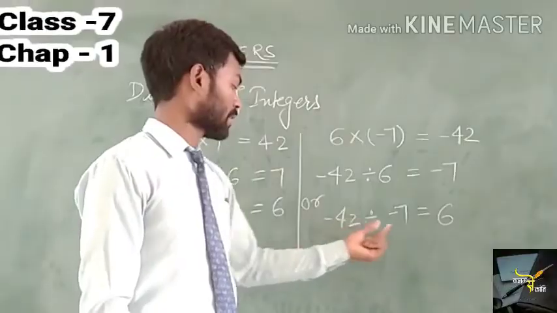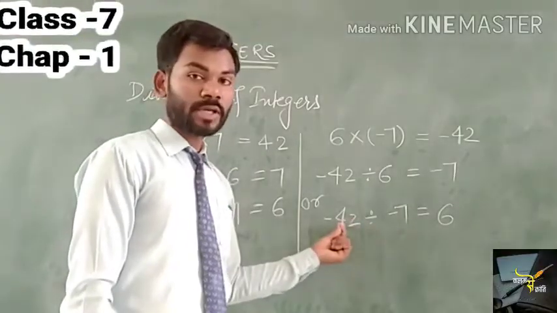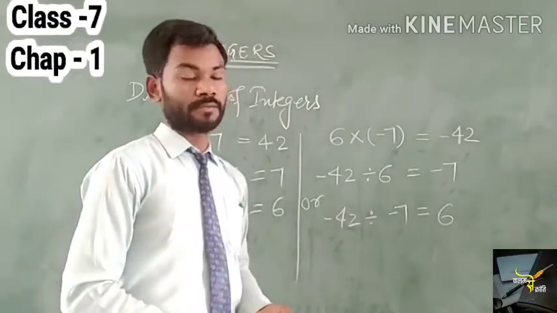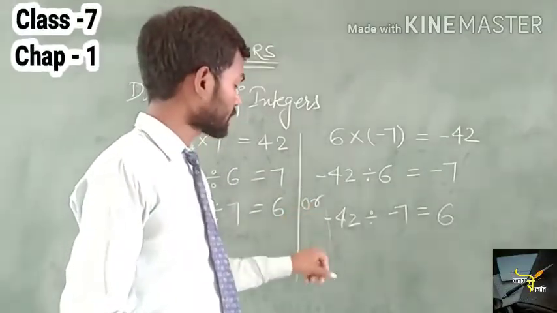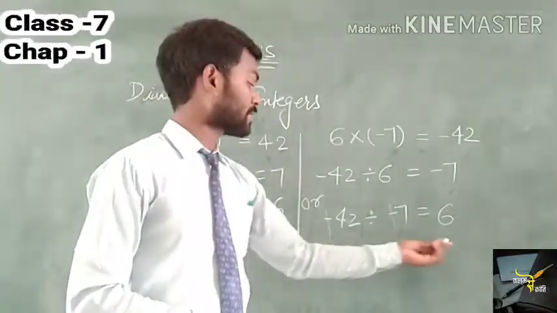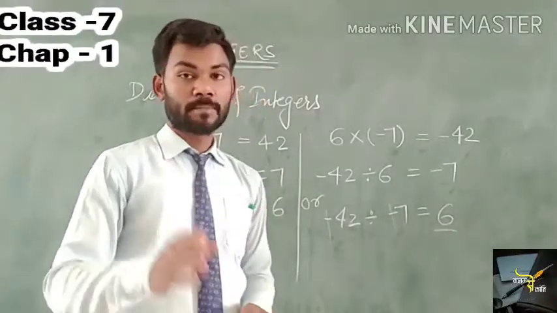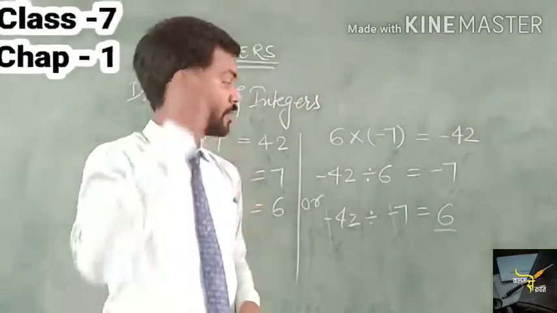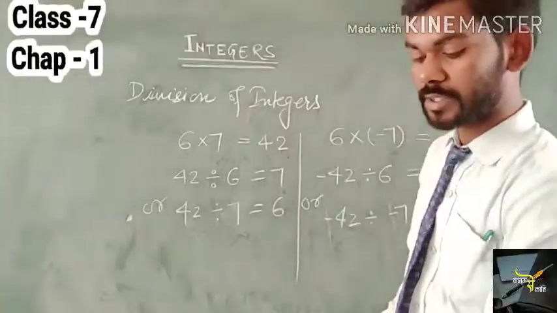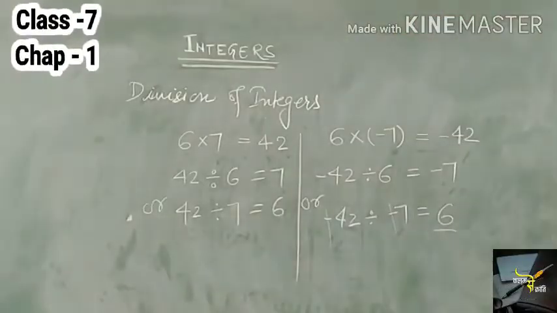But here we can see that both integers, that is minus 42 and minus 7, are negative. Therefore the minus signs cancel out, and as a result we shall get a positive integer. So this is the basic concept of division of integer.